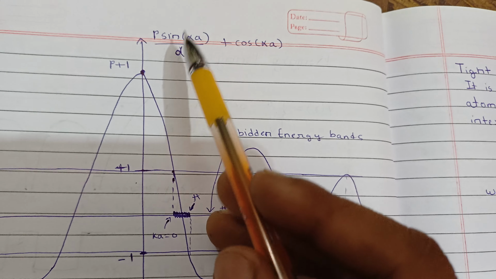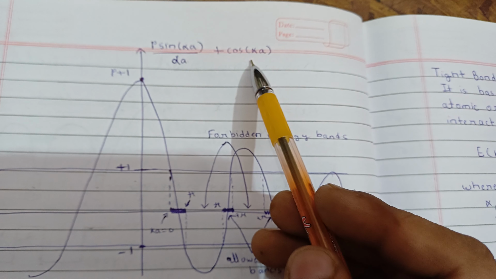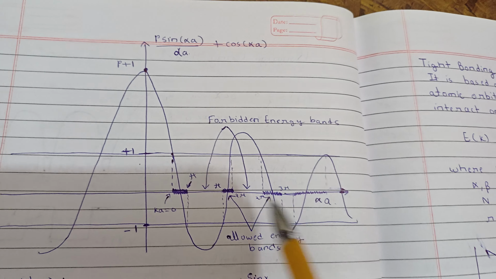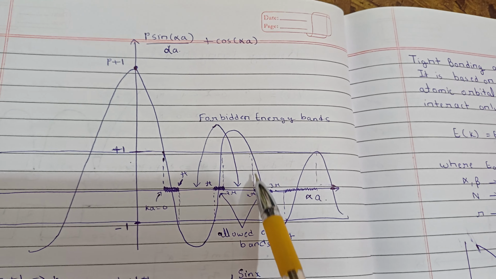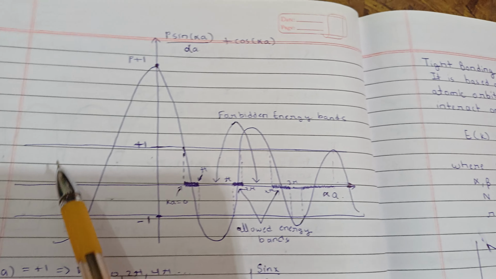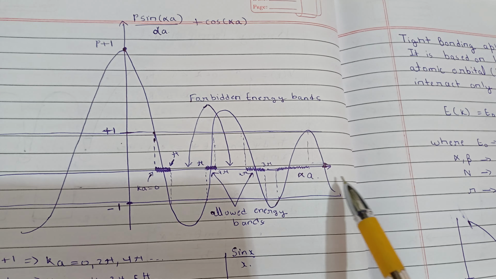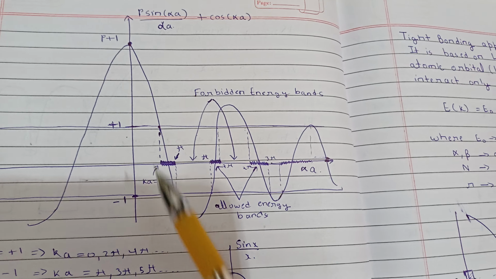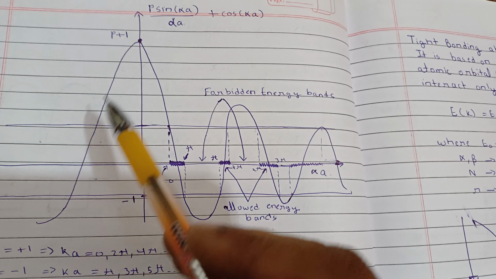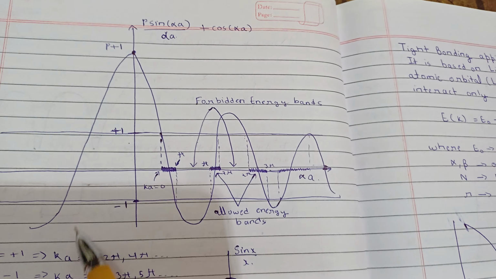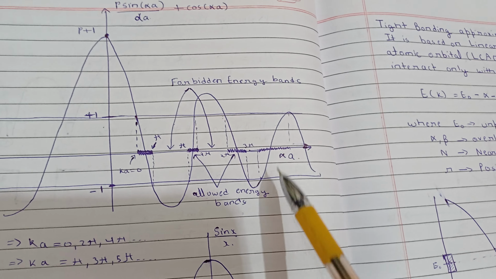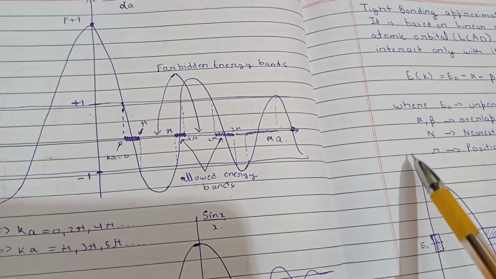So when the first one dies out, only this one will participate in the graph, and when it is going down, in the end we will have a single wave oscillating between plus 1 and minus 1. So this will be the plot for this equation. This is going like this, like this, like this, then it will oscillate only in this range.